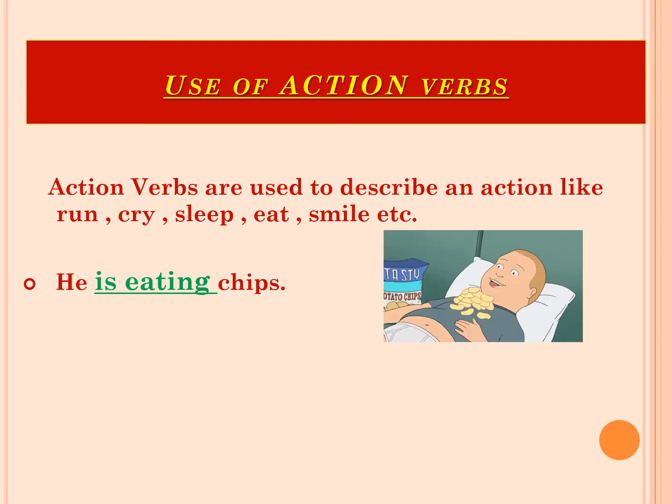So, what is the action being done here? Eating. So, here the word eating is the action verb. Then what is "is" over here? Is just a linking verb. It is helping us to link the subject with the rest of the sentence.